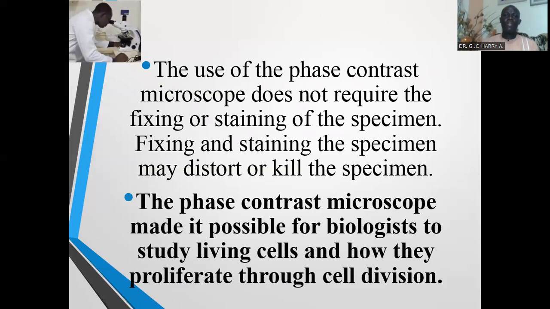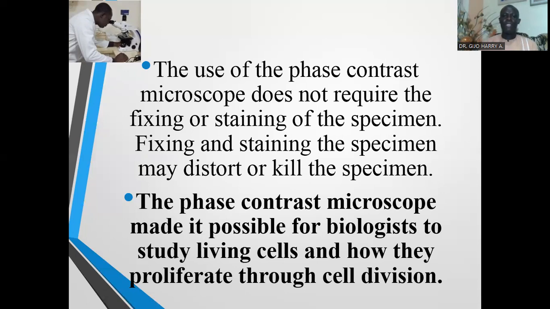The use of phase contrast microscope does not require the fixing or staining of the specimen. Fixing and staining the specimen may distort or kill the specimen. That's one very important feature of the phase contrast microscope. It does not require fixing or staining of the specimen.